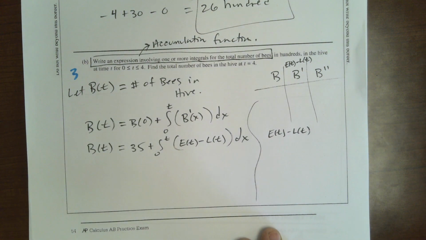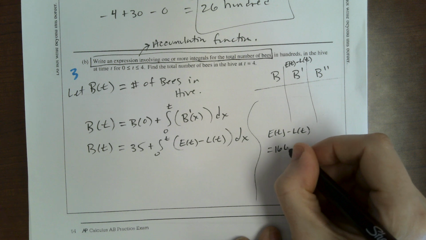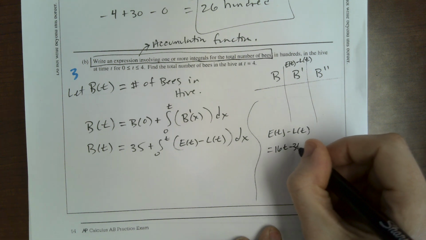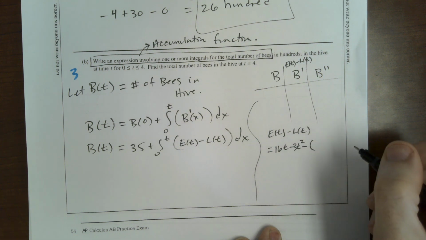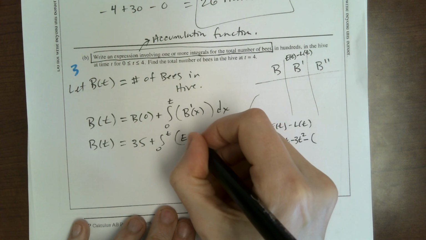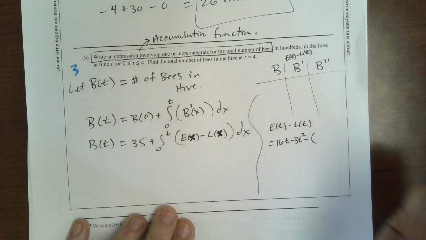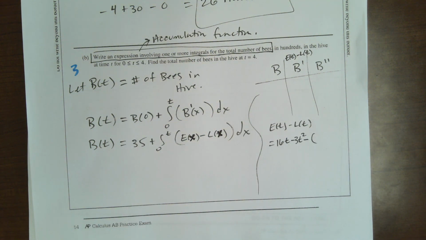You could do this within the integral, but it's easier for me off to the side. So E of t, 16t minus... Ay! Guys, I messed up already. I'm sorry. These need to be x's. All right, those have to be x's.